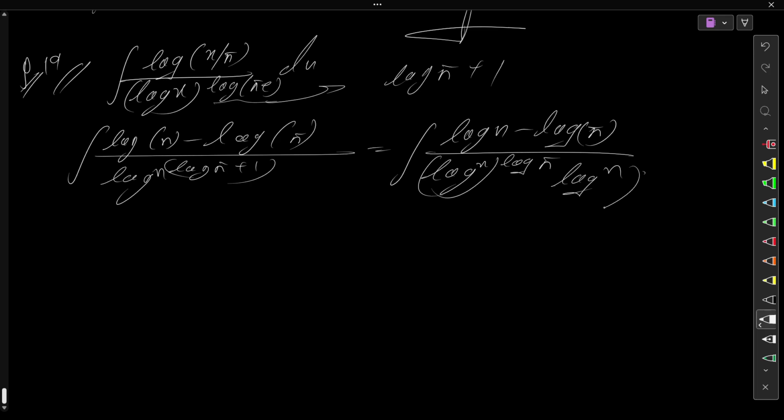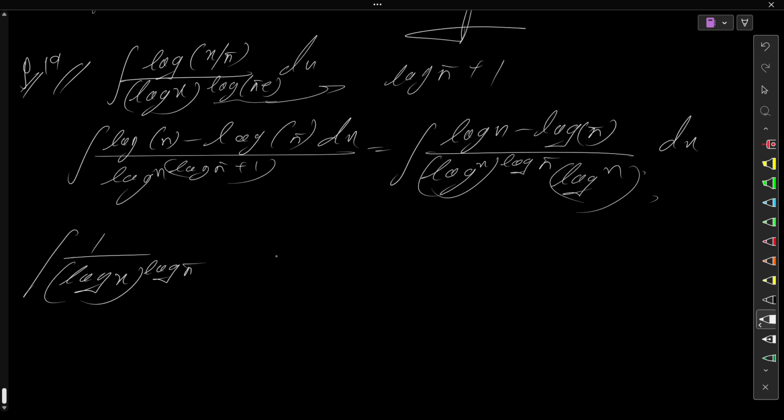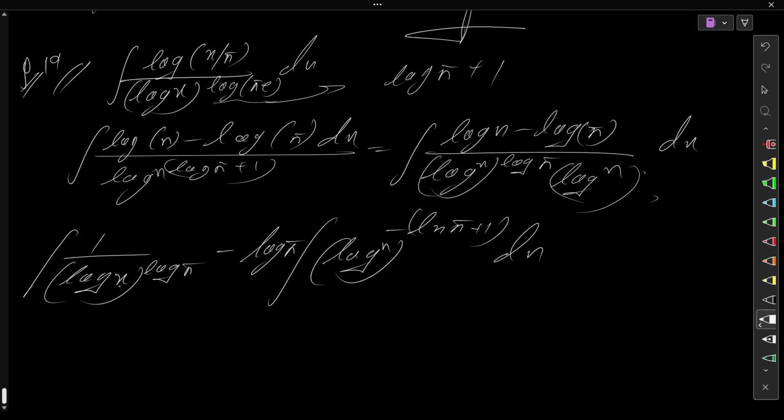Log x. Right. So when I divide it, there should be dx. So this is to be written as 1 by log x whole to the power log pi, minus the integral of log pi and log x whole to the power minus ln pi plus 1 dx.